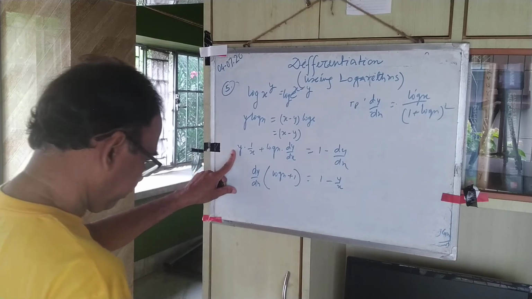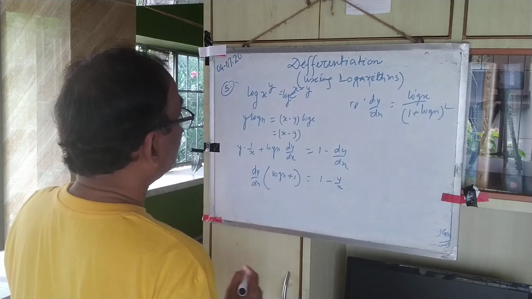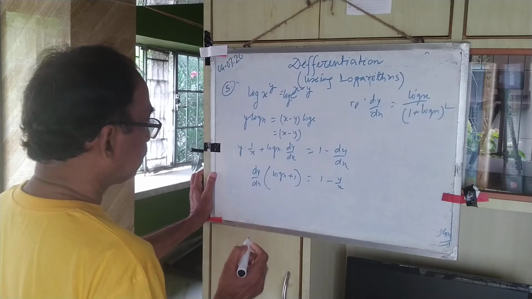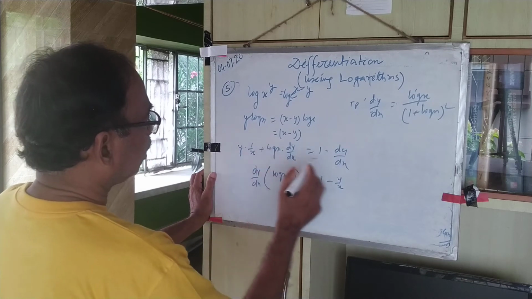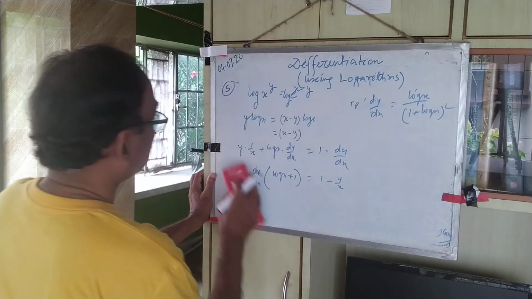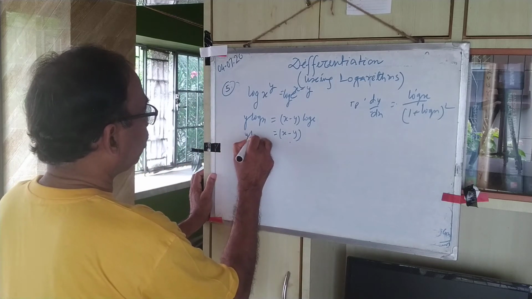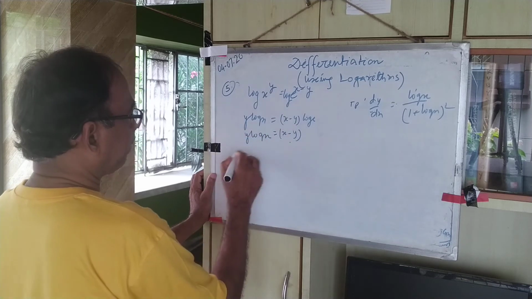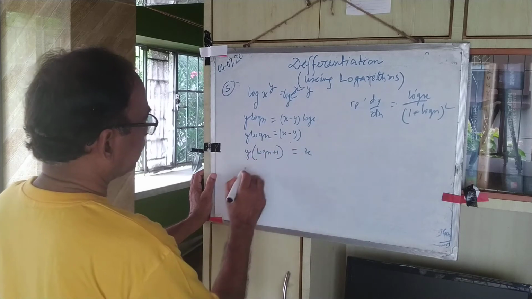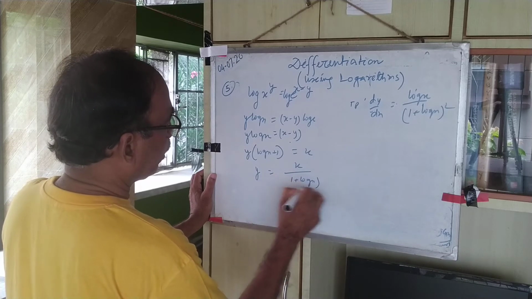So y log x equals x minus y; y coming to the left hand side, y common, (log x plus 1) equals x. Then y equals x by 1 plus log x. You have to prove this.